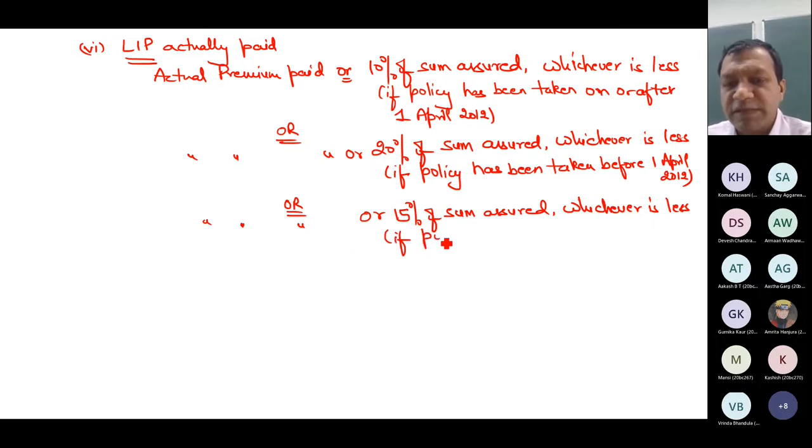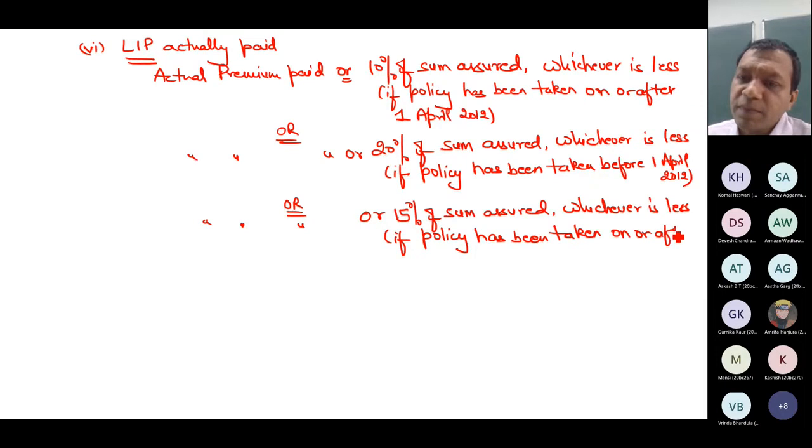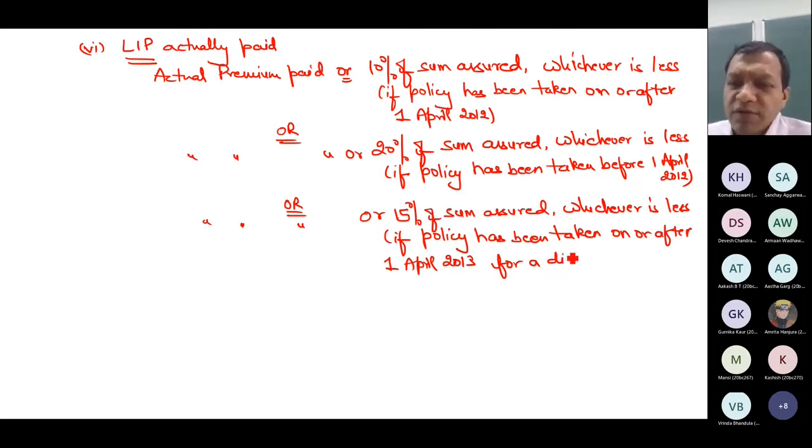If the policy has been taken on or after 1st April 2013 for a disabled person. Now the act uses the word disabled, which in my opinion is not a good word.